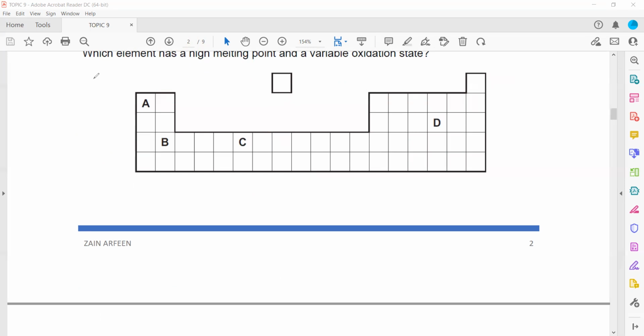Like this is the first period, so these elements will have only one shell. This is the second period, so the elements which are there will all have two shells.